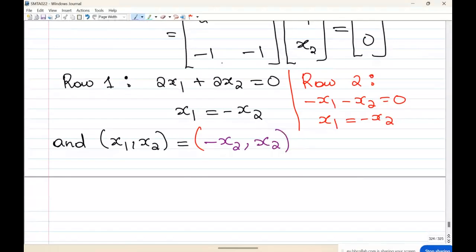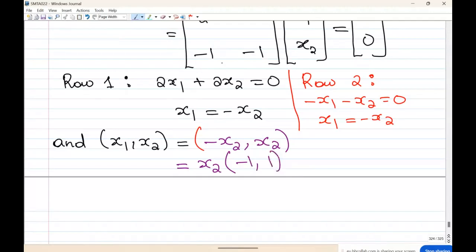All of you know how to get minus x2 and x2? Then from this, you take out your common factor of x2, and you are going to have -1 and then 1.